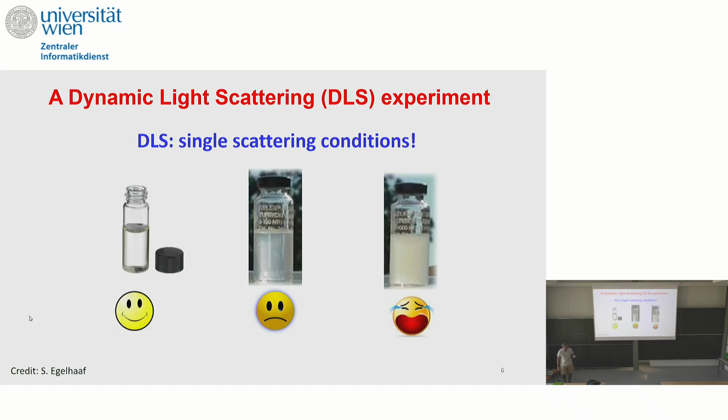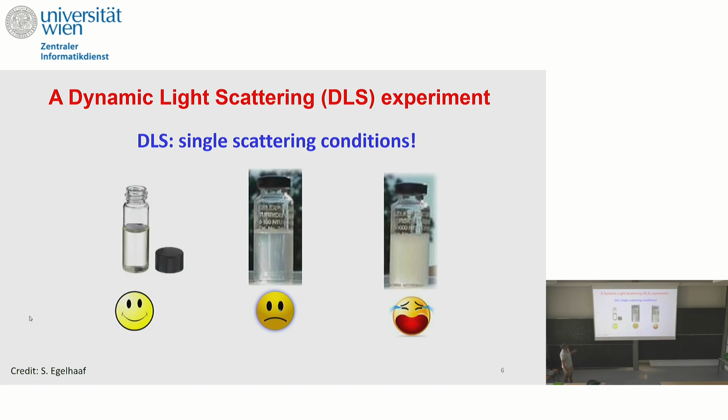Just one warning. When you do this dynamic light scattering experiment, in order to interpret your data you have to be under single scattering conditions. It means that the likelihood that a photon is scattered more than once before reaching your detector is extremely low, and you can assume that all photons that reach your detector have been scattered just once.